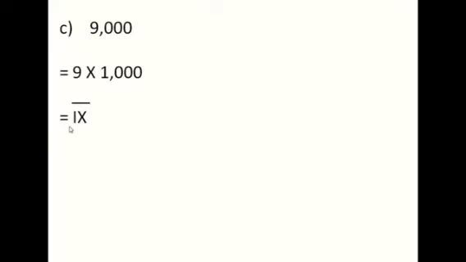So IX is the symbol for 9 and this bar is the symbol that it has been multiplied with 1000. So IX with a bar or small dash on the top will help you to know that it is nothing but 9000.